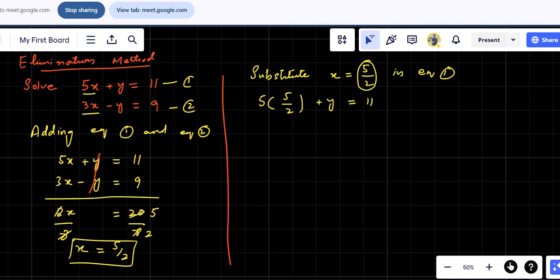So this will be 25 upon 2 plus y equals 11. We need to find y, so shift this term to the right side, and it will change its sign. So now it will be 25 upon 2, and there is nothing in the denominator of 11, so it is 1. Now these are fractions. How can we solve these fractions?